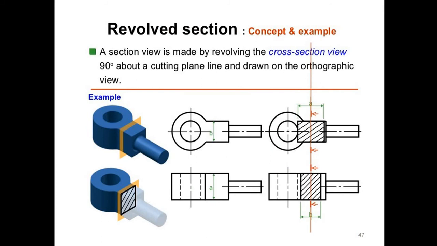Here the eye of the fork is taken for the revolved section. Its concept and example are shown in the figure. A section view is made by revolving the cross section view. The cross section view is shown in an isometric view, with that cutting plane.